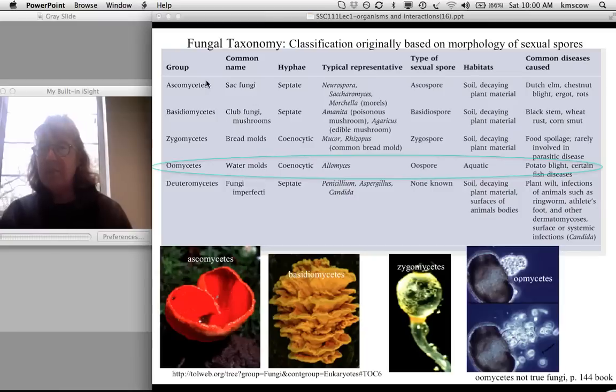So these classifications based on the sexual spores also are supported by the sequencing groupings as well. So the small subunit ribosome and the other regions that are used to sequence fungi are compatible with these groupings based on the sexual spores.